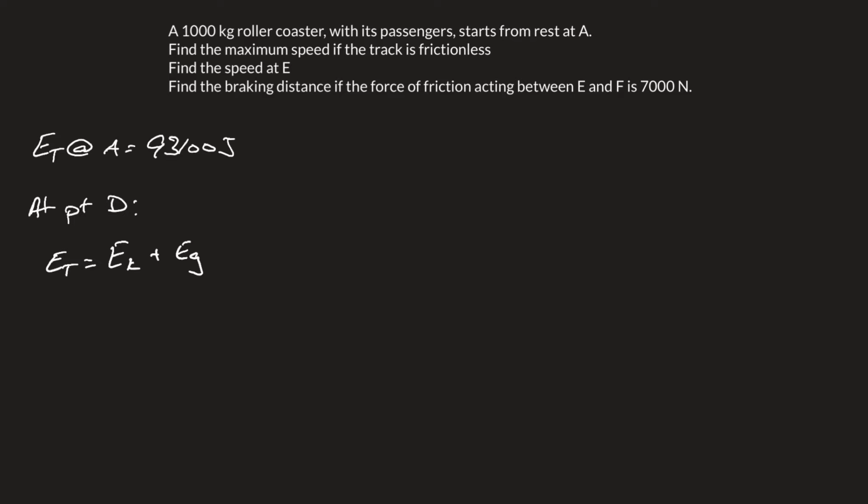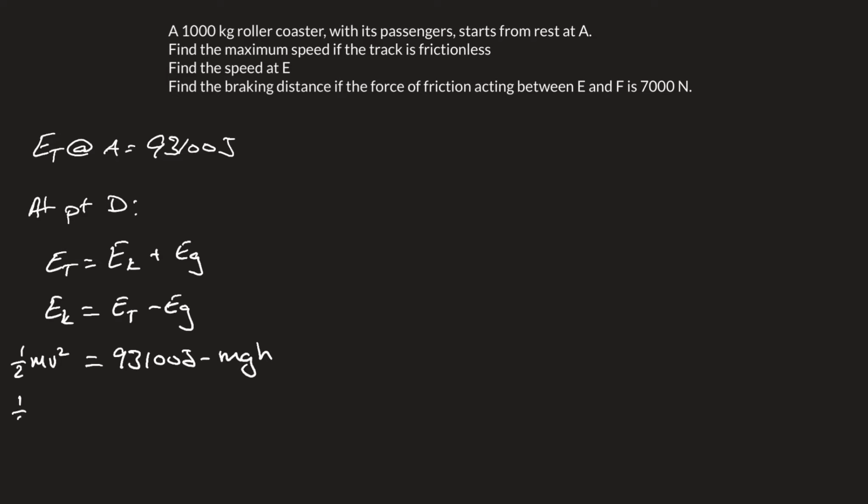If I rearrange this equation, I end up with my kinetic energy is equal to my total energy minus the potential energy. This value for ET is going to be consistent throughout because conservation of energy says it has to be. EK is 1 over 2 mv squared equal to ET, which is 93,100, minus the gravitational potential at point D. If you recall from the previous image, point D was 0.5 meters off the ground.